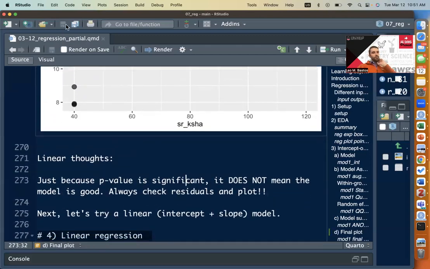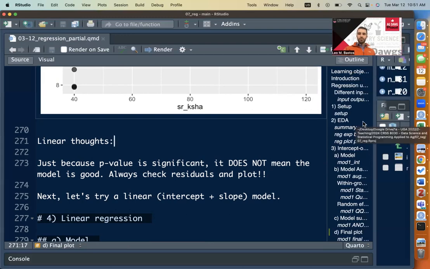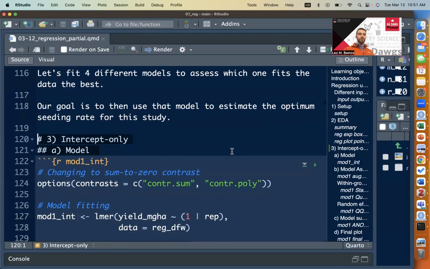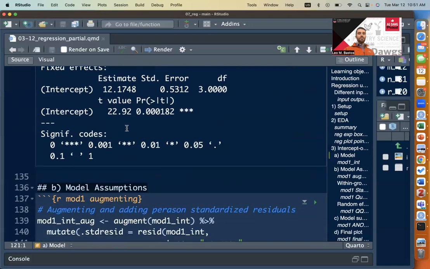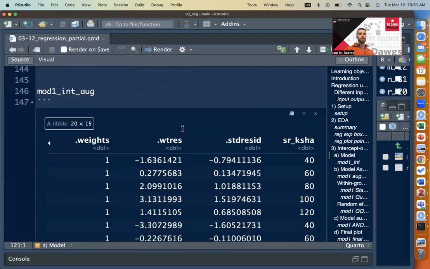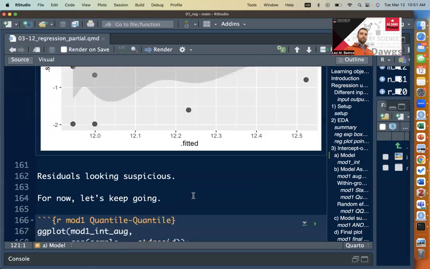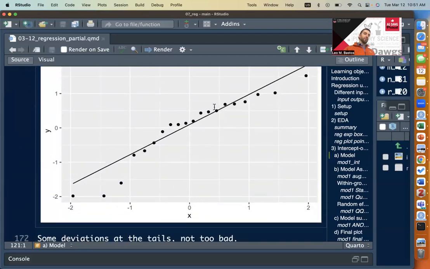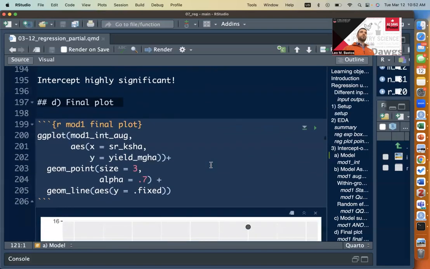All right, before we move on, I just want to make a point. If we go back to the beginning, when we start running this model, I just came out on the intercept only. We ran this model. The intercept was highly significant, right? So keep this in mind. We checked the assumptions. Even though it seems like there is something going on, it's not different from zero, the band. There's really nothing looking too terrible in these residuals. So residuals look okay.